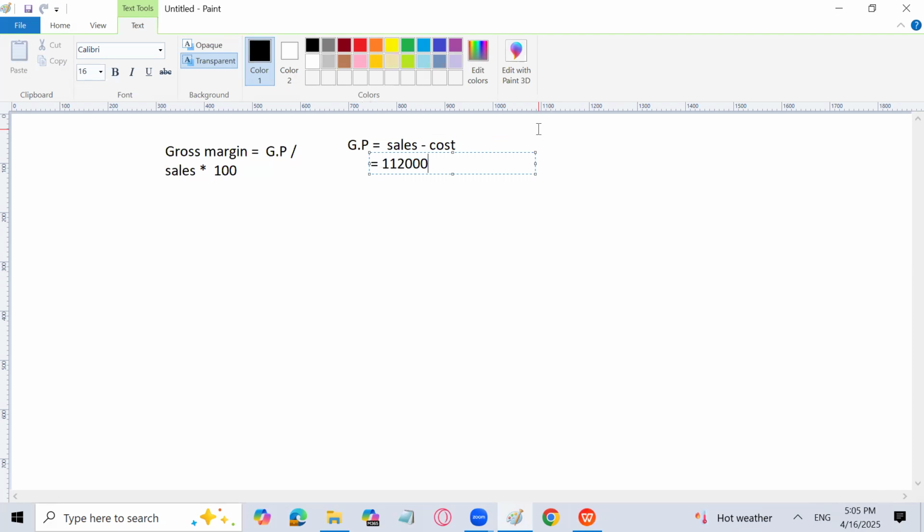Cost of sales is opening inventory plus purchases minus closing inventory.